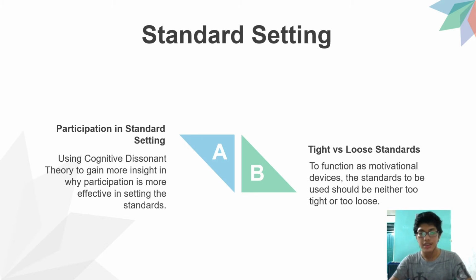The center of this theory revolves around three key concepts, which are violation, dissonance, and commitment. I will explain a little bit about this theory in the context of standard setting.